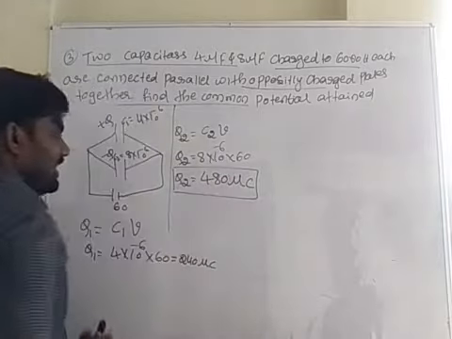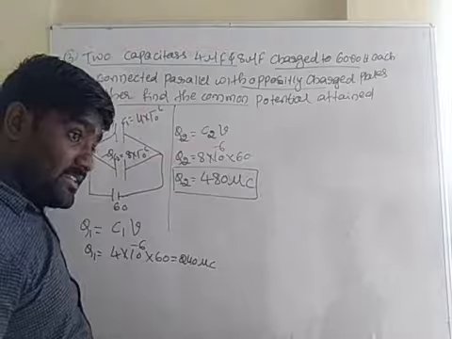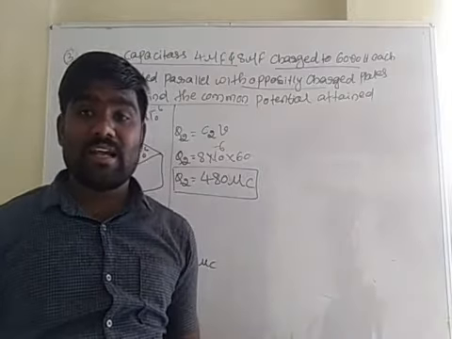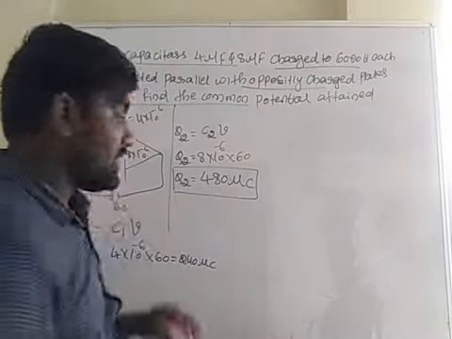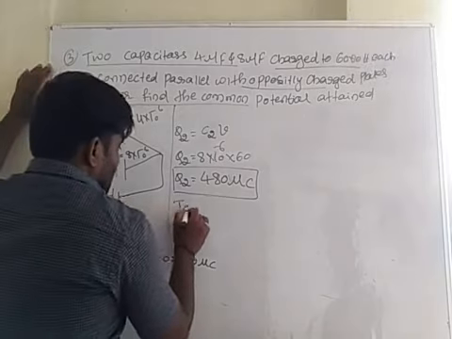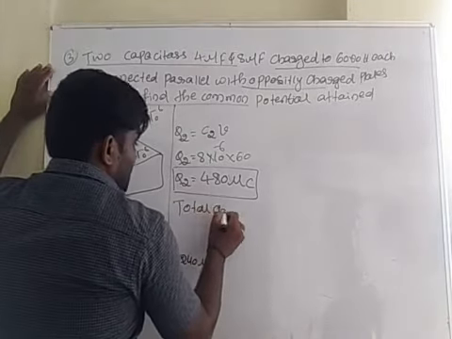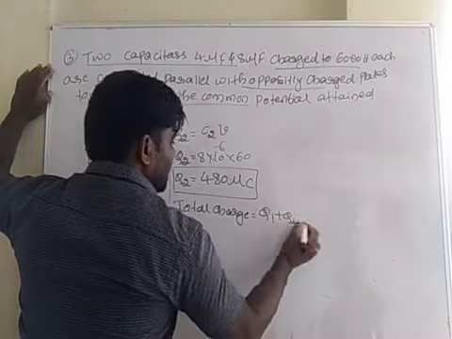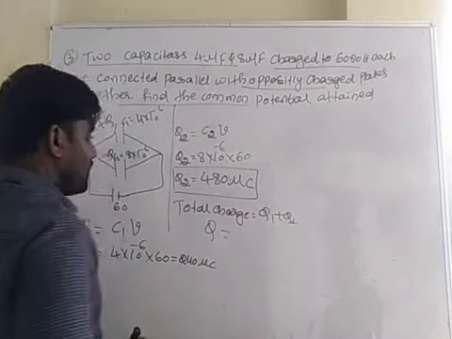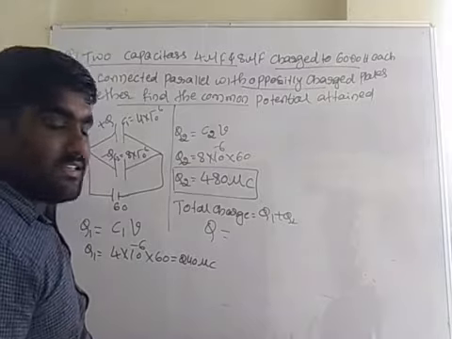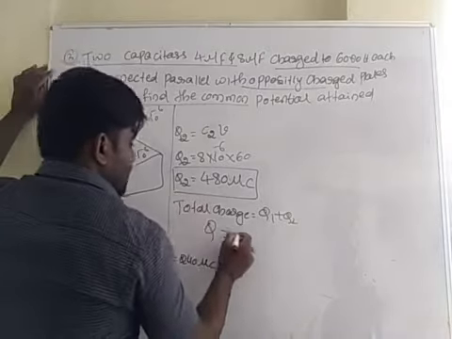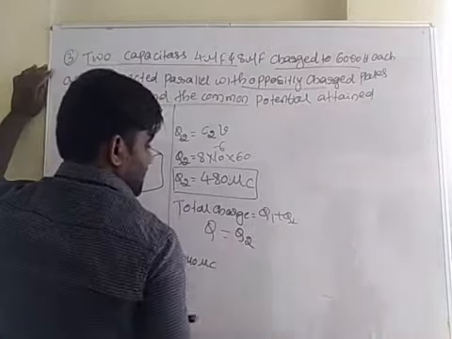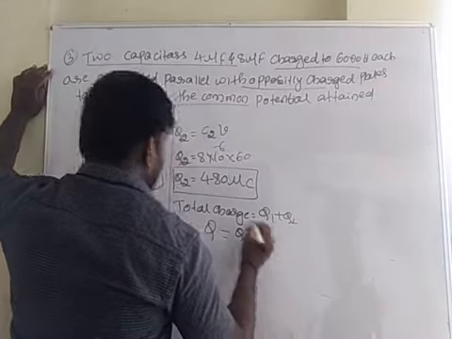Okay? Here I am taking total charge I want to calculate. Now Q1, Q2 I had calculated. So then total charge is equal to Q1 plus Q2. Then Q is equal to, which one is bigger? Just take it as positive. So I am taking Q2 as positive and Q1 as negative. Okay?